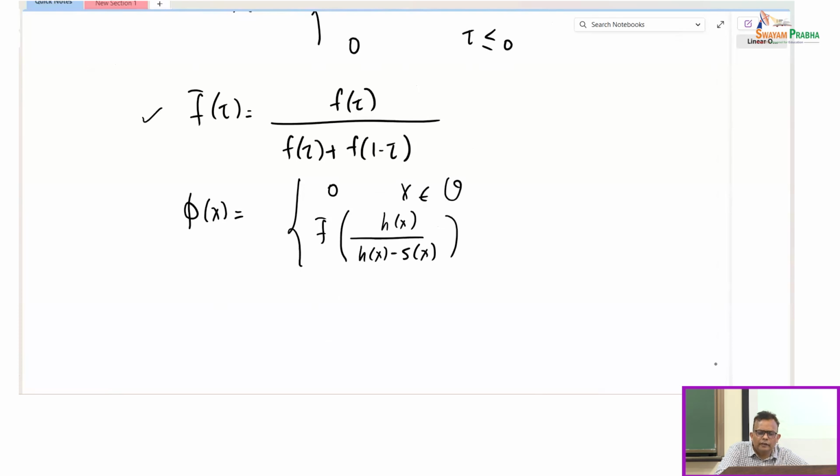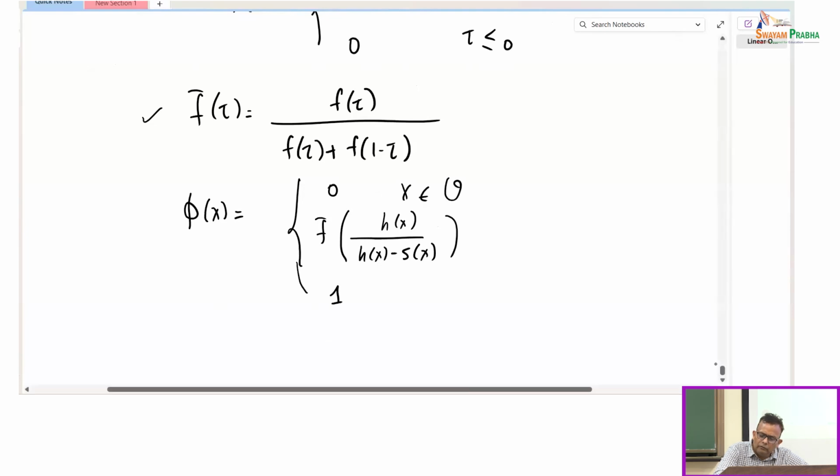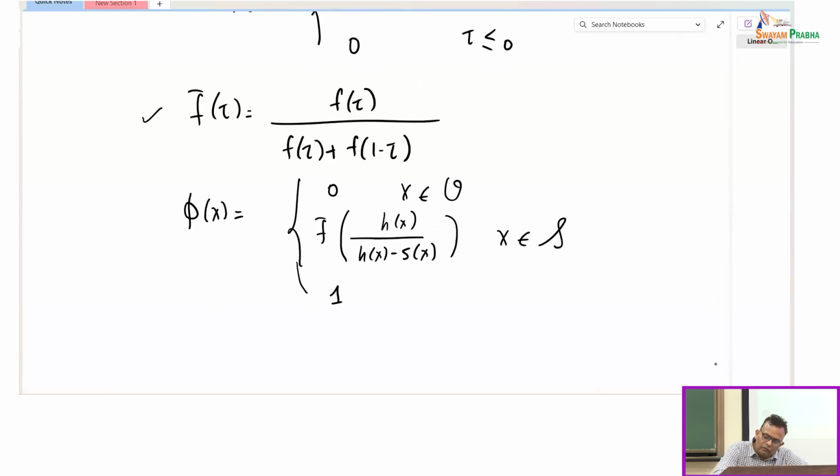Remember, this h of x was the function which described the unsafe set, and s of x is a function which describes the sensing region. So this is what you use, and then it is 1 when x belongs to the sensing region, and it is 1 otherwise.